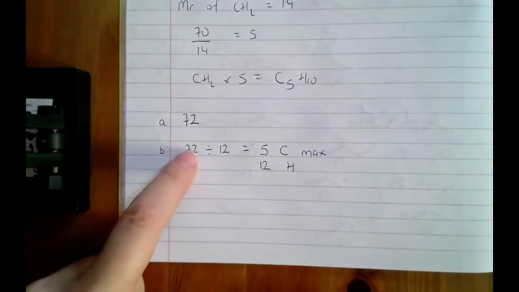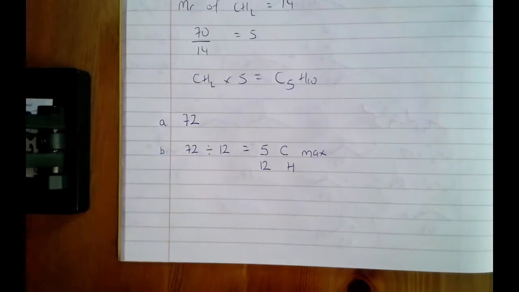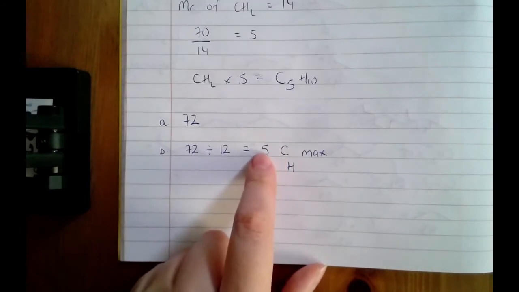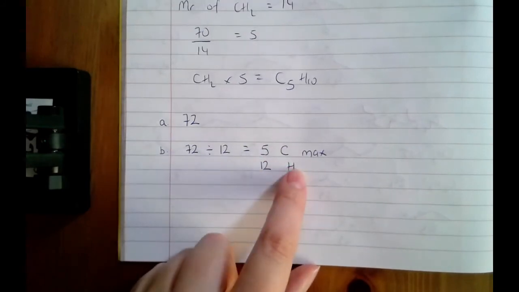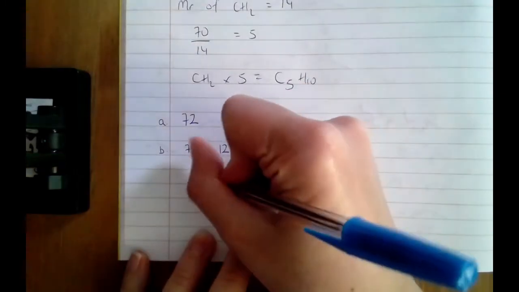Yes, you can get 6 carbons because 6 12s are 72, but it's not just going to be a molecule with carbon alone. You need room for hydrogen. That means you've got 5 carbons and 12 hydrogens. If you had only 4 carbons, that would give you a mass of 48, and then you'd have way too many hydrogens that wouldn't be able to fit around just 4 carbons. So it has to be C5H12.